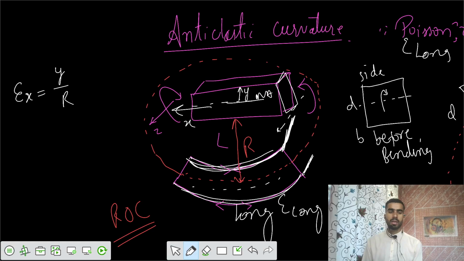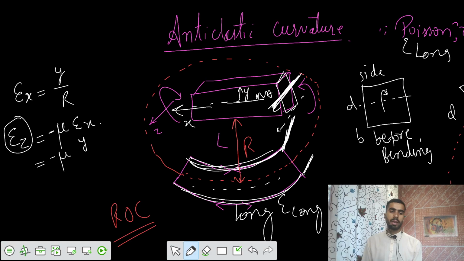And strain in z equals minus mu times strain in x, that is, lateral strain equals mu times longitudinal strain, minus mu y by R. So we got the value of epsilon z.